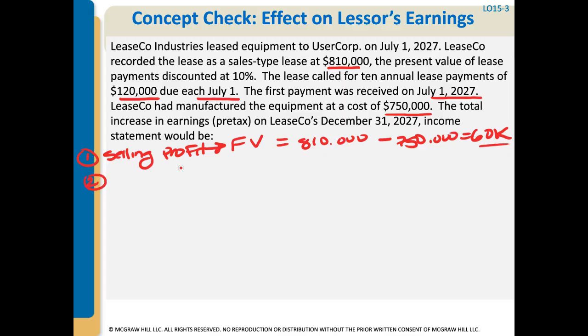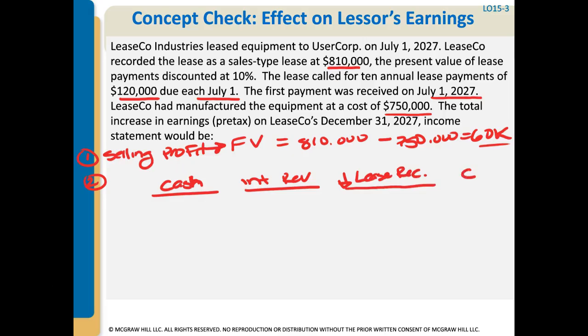The second part is we have to recognize how much interest revenue Leaseco receives. I like to set up the amortization table like this. I like to put the cash payment up here, interest revenue here, my reduction in my lease receivable here, and my carrying value or outstanding balance here. On 7/1/27, we leased out this asset for $810,000.